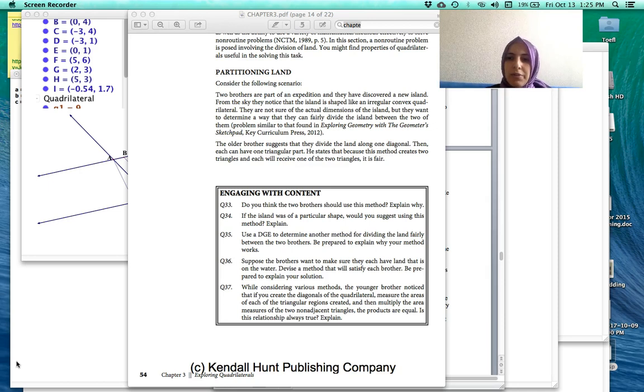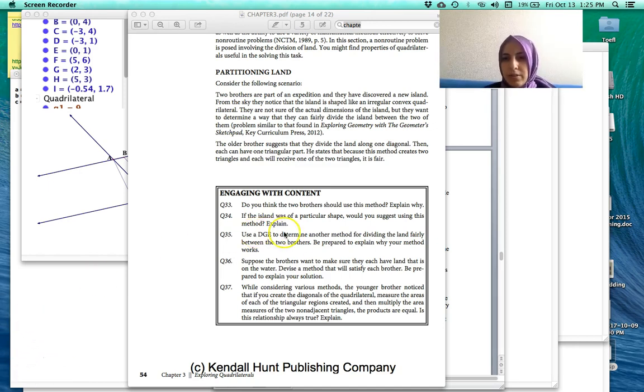After dividing, there will be two triangles, which have the same area. In that case, it will be fair. But I don't suggest using this because we don't know what the shape of this quadrilateral is.